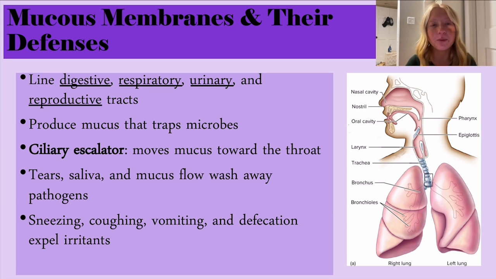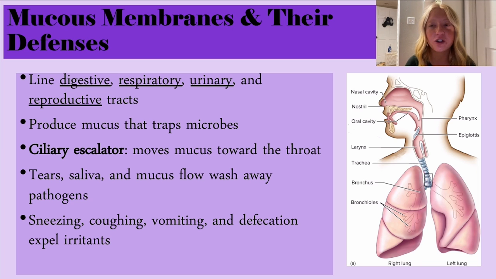But then there are the mucous membranes, and these have moist linings, and they cover many internal structures. So they act to trap and catch microbes using mucus. And then we have the respiratory tract.